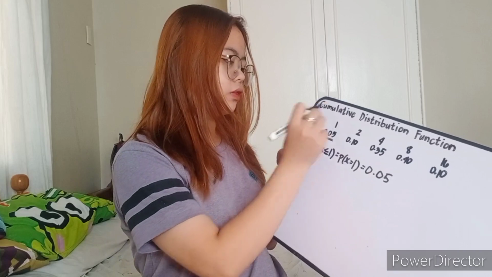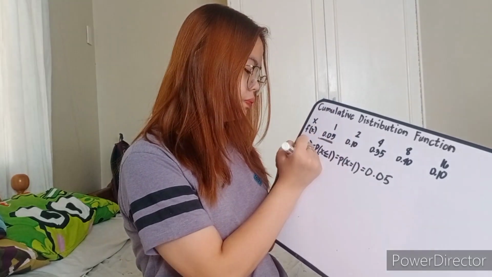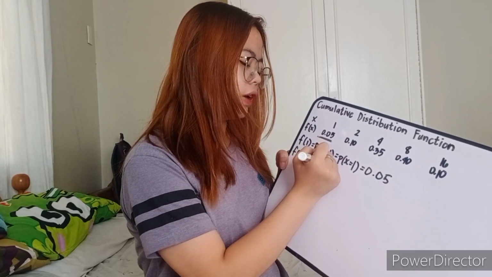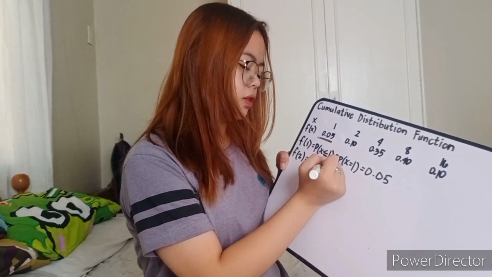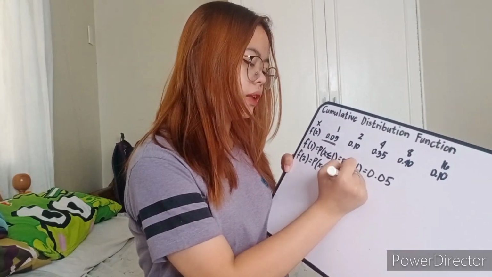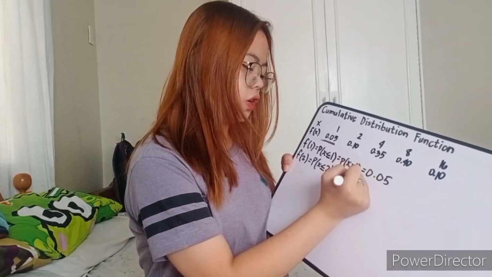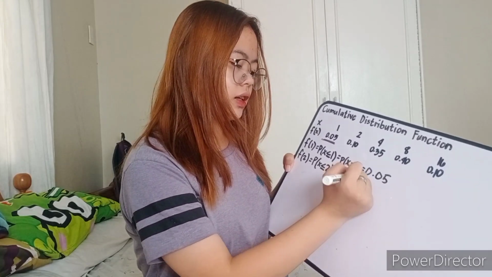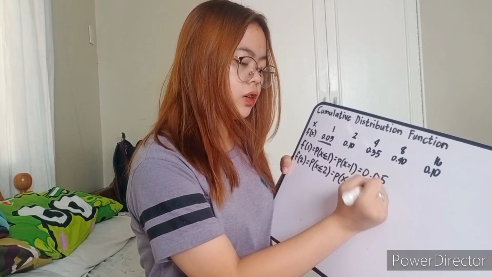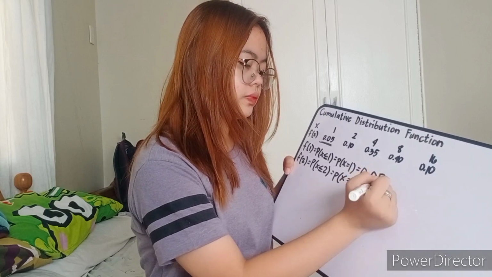So, for 2, F of 2 is equals to P of X less than or equal to 2 is equals to the probability of X is equals to 1 or 2.